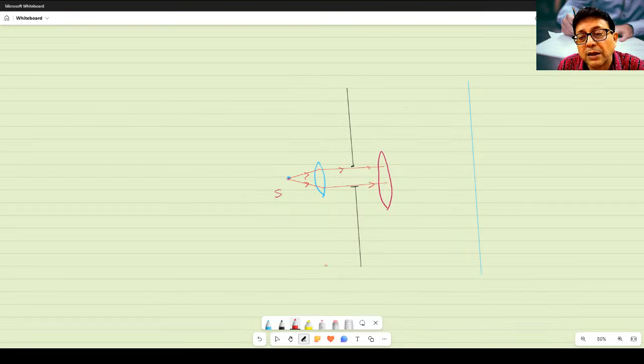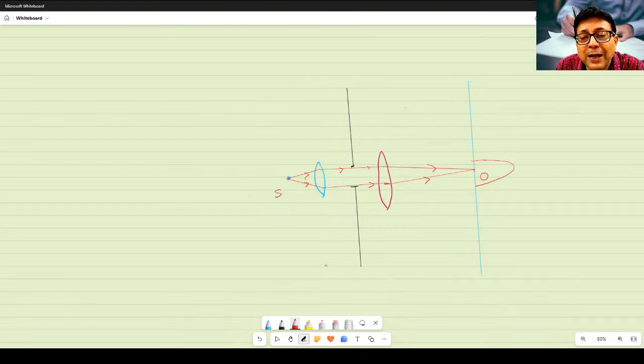This is parallel and it is expected to be focused at this point. Okay, maximum intensity will be there and we have expected a bright fringe at that point. Really, a bright fringe is formed over there.